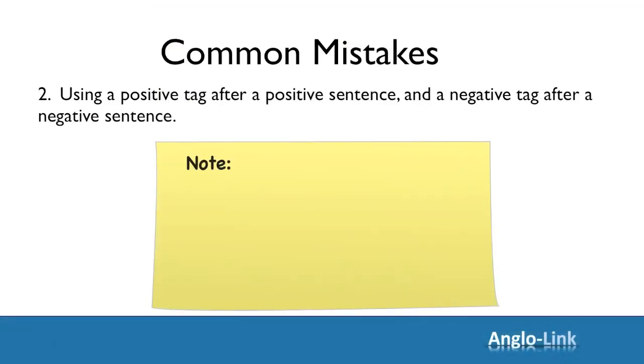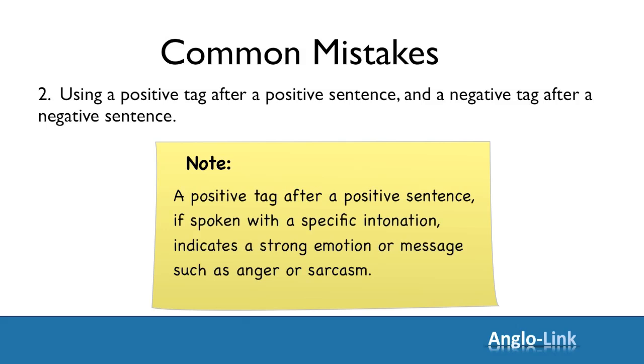Now, one important thing to be aware of is that it's possible to use a positive tag after a positive sentence in very specific cases, because a positive tag after a positive sentence, spoken with a specific intonation, can indicate a strong emotion or a strong message, such as anger or sarcasm.